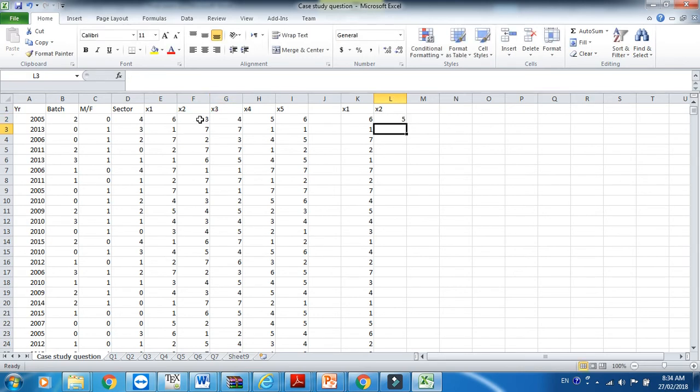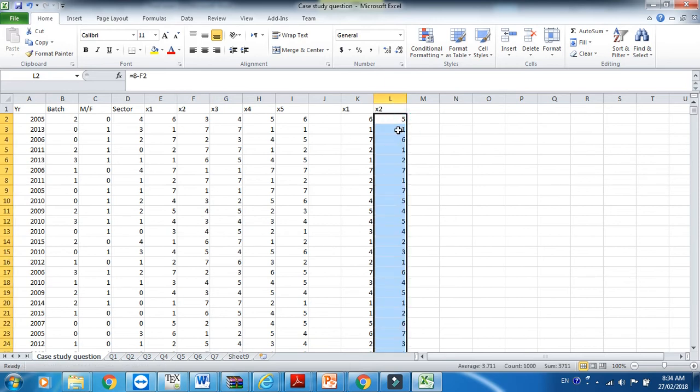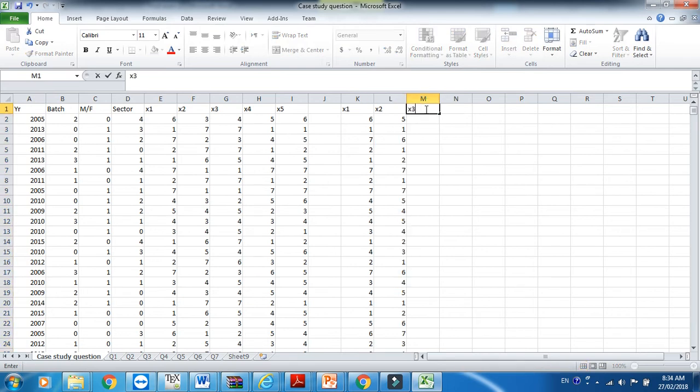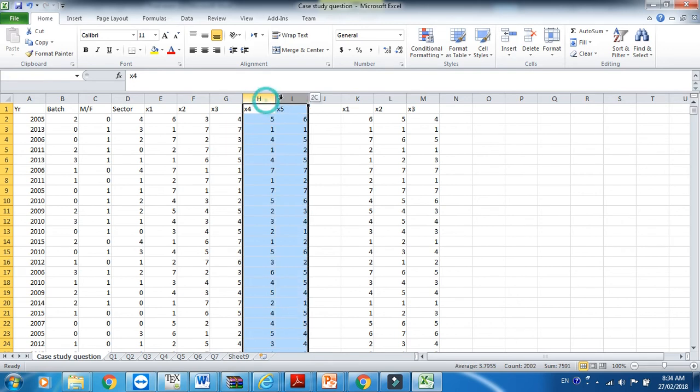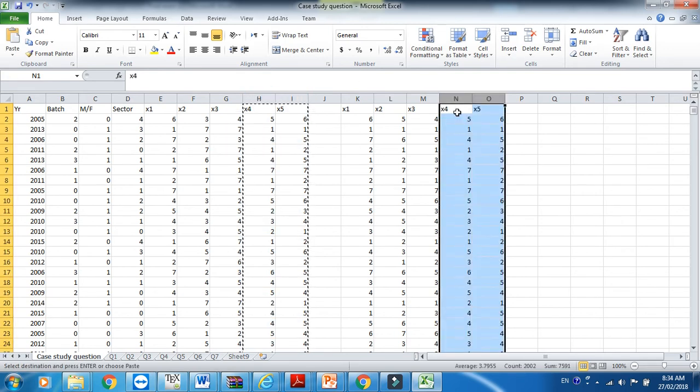As you can see, 3 is now equal to 5, and 7 is now equal to 1. Similarly for x3, I'm using 8 minus this value. And then I'm copying x4 and x5 without changing anything.